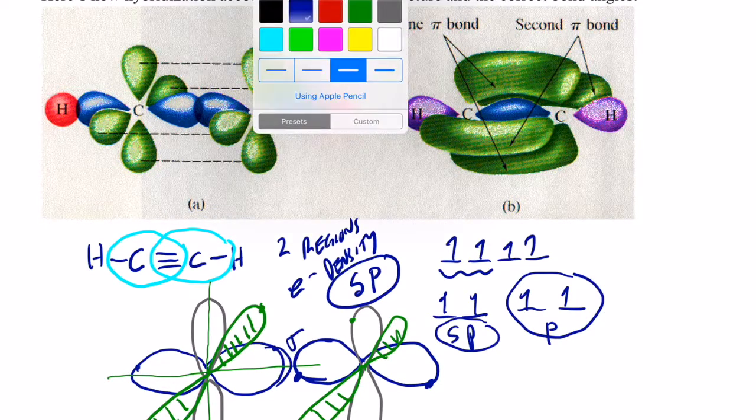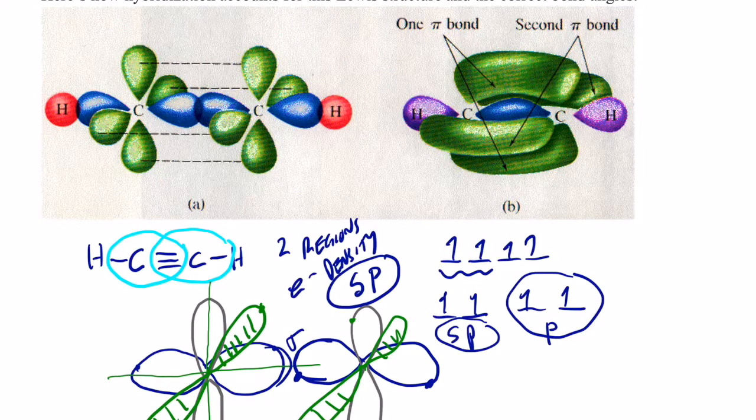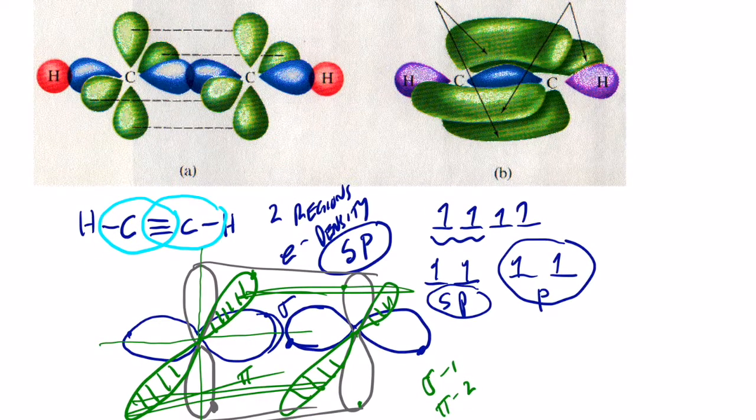Then can't we have a sideways or parallel overlap between these 2 p orbitals and have a pi bond? And then have another one with these green p orbitals and have a second pi bond. So we end up with a sigma and 2 pi bonds. And that's what a triple bond is. The triple bond is always 1 sigma and 2 pi bonds.